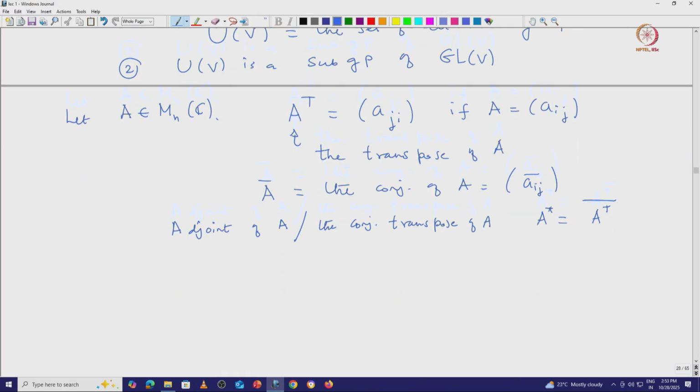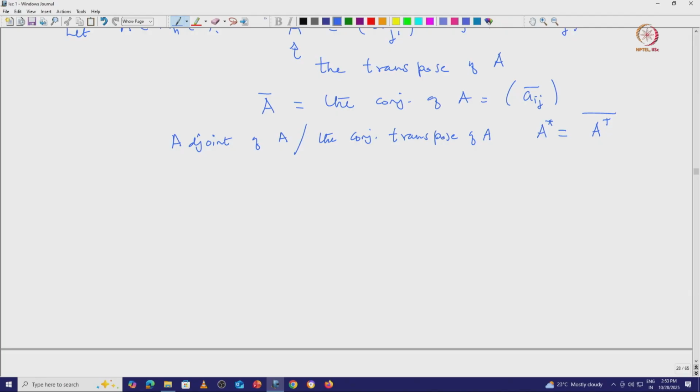It is an easy exercise to verify the following; I will leave it to you to check. If we take matrices A, B in M_n(C), then the adjoint of AB becomes the product of the adjoint of B and the adjoint of A.